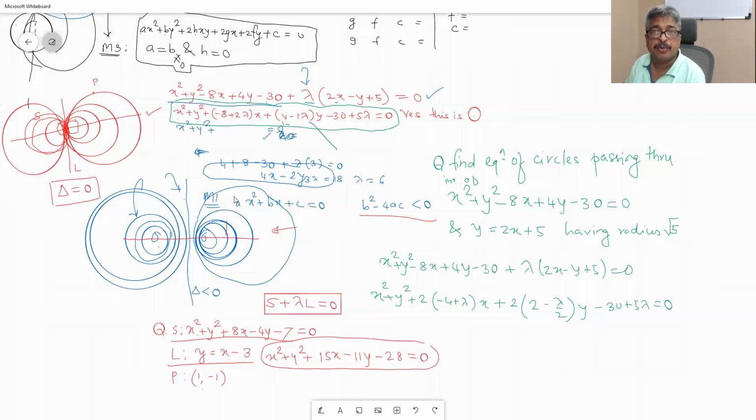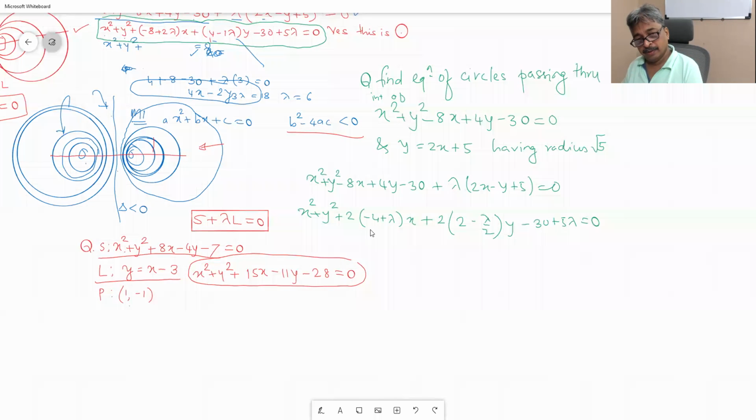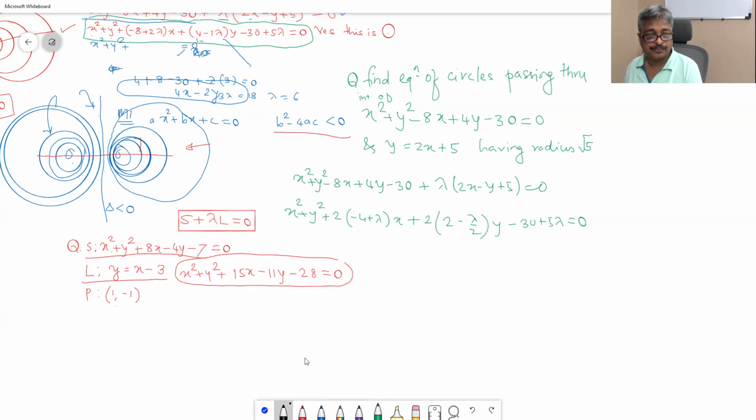Now you have to stay with me. Whatever I am doing, you need to understand. This is the equation of the circle. And this is my g value, this is f, this is c.